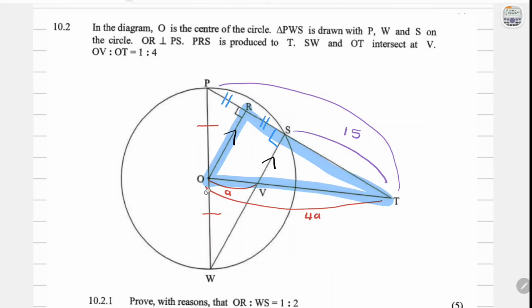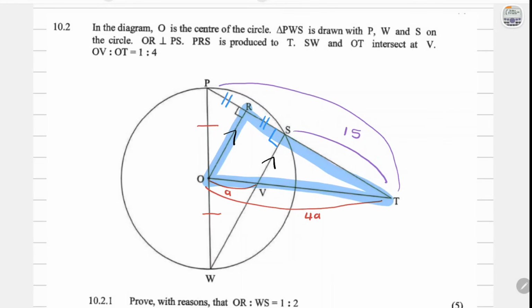We have 4a being OT, the ratio of OT is to OV, or OV is OT, right? We have ratios for that. And then on this side, what it would be paired with would be RS over RT. And like that, it may not be useful. The reason why is because we don't know what RT is, neither do we know what RS is.